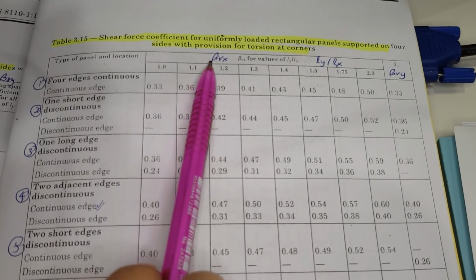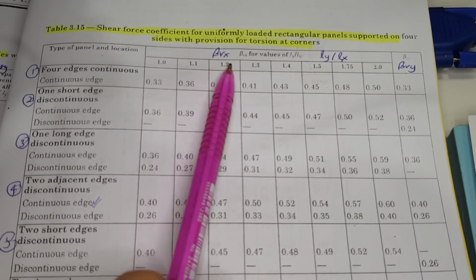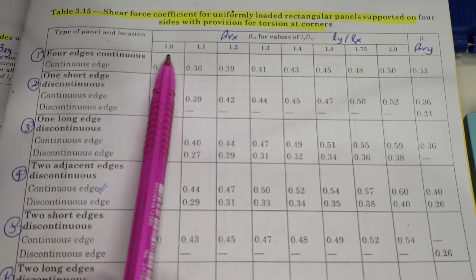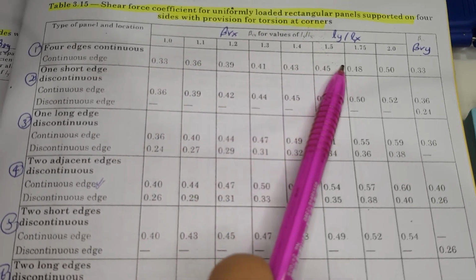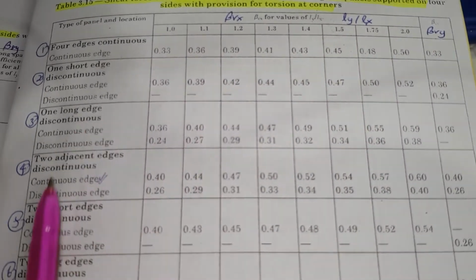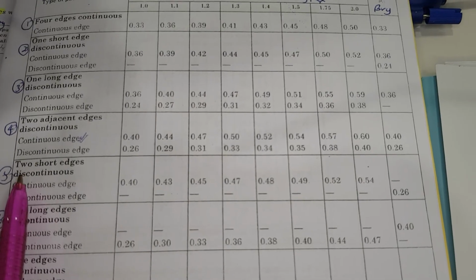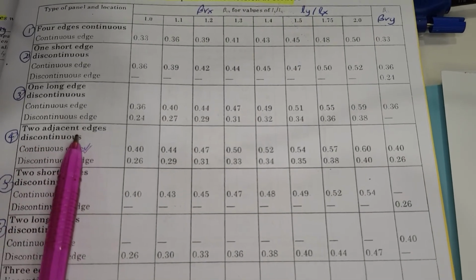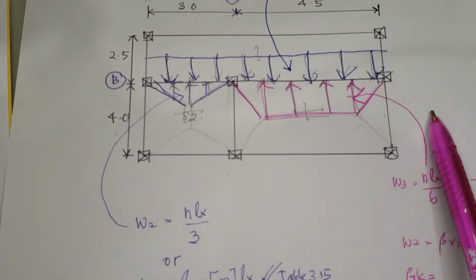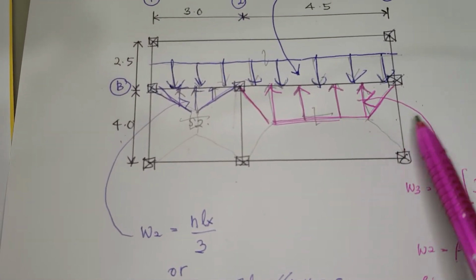So here is the beta Vx. Which one do we want to select? This is referred to Ly divided by Lx. So this is two adjacent edges discontinuous.